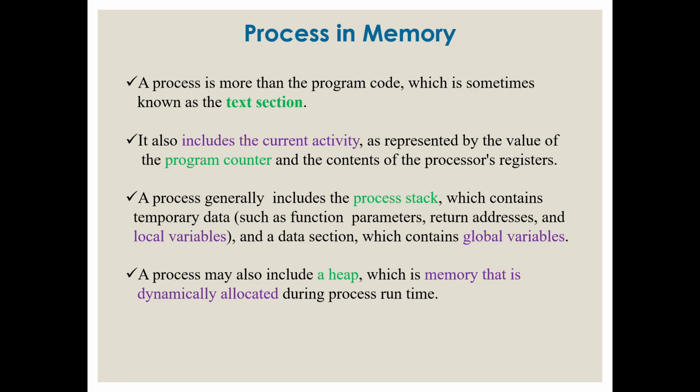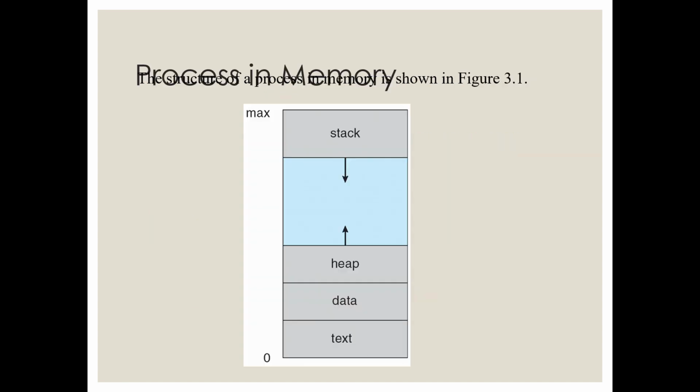This also includes the current activity as represented by the value of the program counter. The stack contains temporary data such as function parameters, return addresses, and local variables. After that, the process includes the heap, which is memory that is dynamically allocated during process runtime.